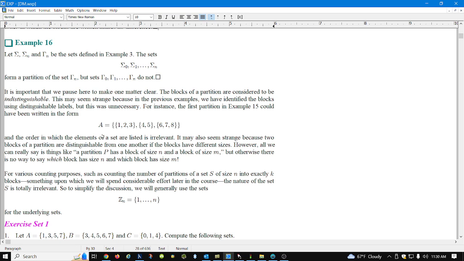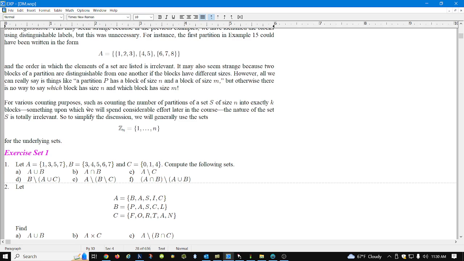So this is a little bit subtle and confusing because the very nature of writing down something on paper makes the elements of that something distinguishable by their position on the paper, for example. And that's not inherent to indistinguishability. It's artificial distinguishability, if that makes sense to you.